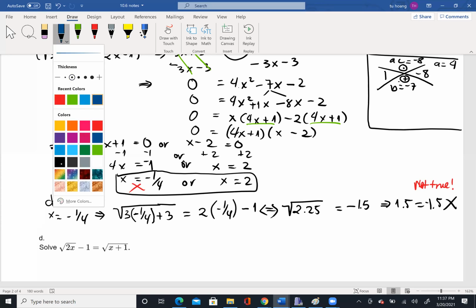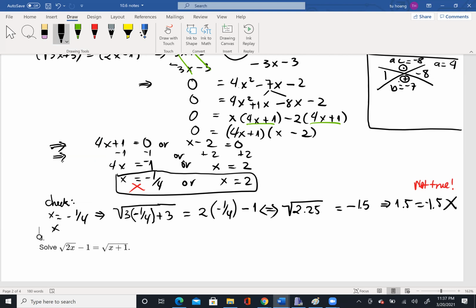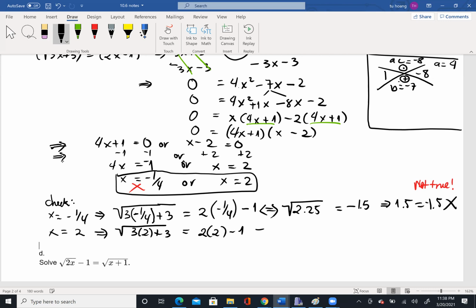Say x equal to, oops, x equal to 2, and I have what? Square root of 3 times 2 plus 3 equal to 2 times 2 minus 1. And then that's equivalent to 3 times 2 equal to 6, 6 plus 3 equal to 9.